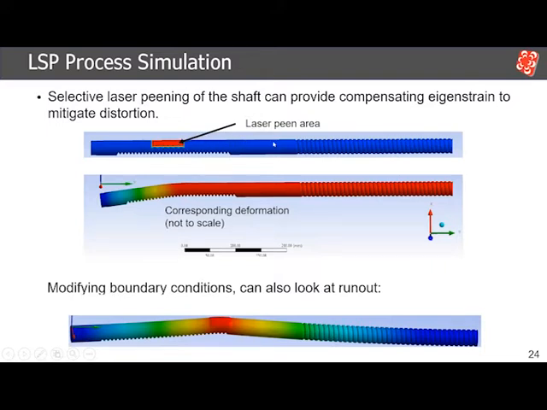We can also vary the location of this peening area along the shaft, and then correspondingly predict the deformation that's going to occur from that treatment. If we want to look specifically at runout, that's a simple tweak to the boundary conditions within our modeling, shown in the bottom, and basically by looking at deformation in a different way, we're also able to calculate runout.